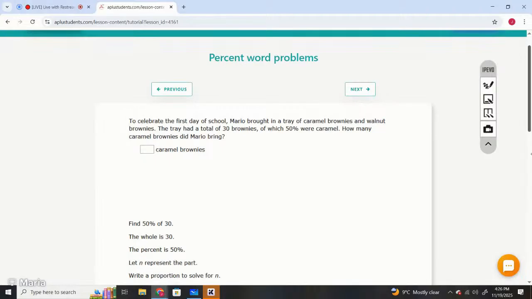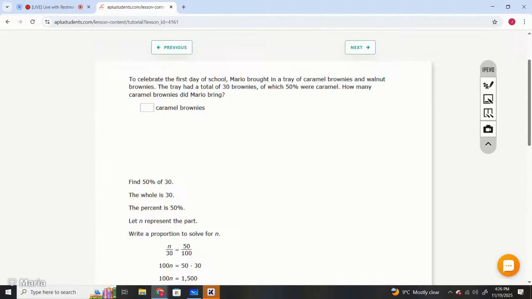To celebrate the first day of school, Mario brought a tray of caramel brownies and walnut brownies. The tray had a total of 30 brownies, of which 50% were caramel. How many caramel brownies did Mario bring?